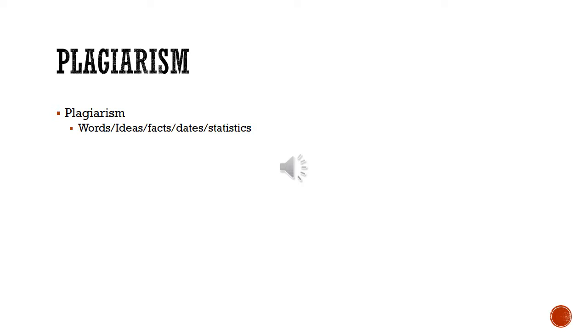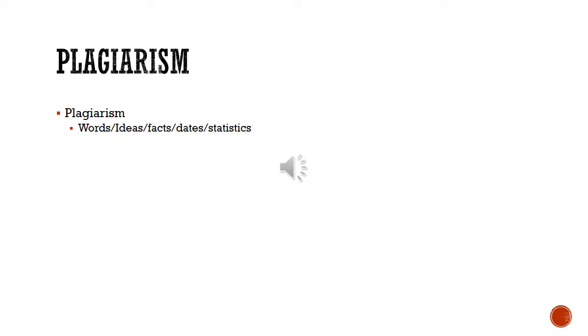So plagiarism is in fact an academic crime. It is like robbing somebody else's idea and then claiming those ideas to be yours. So we have to be very careful when we are taking information from different sources. We need to give them credit for their ideas when we put those ideas into our paper.